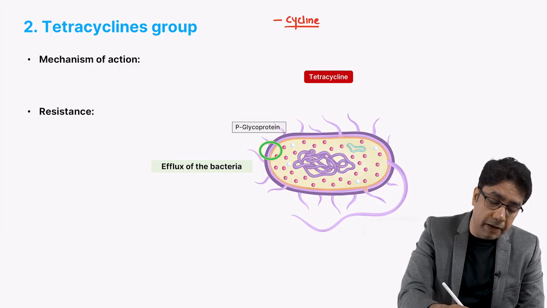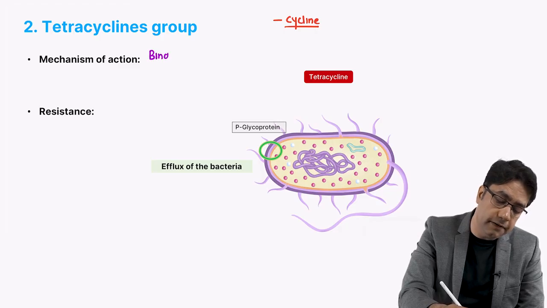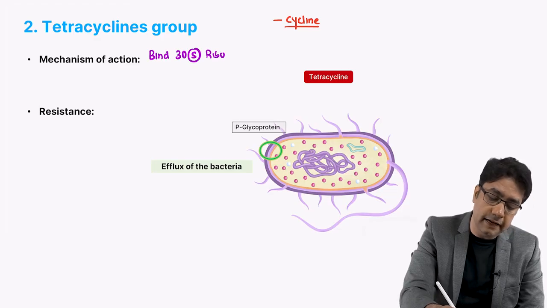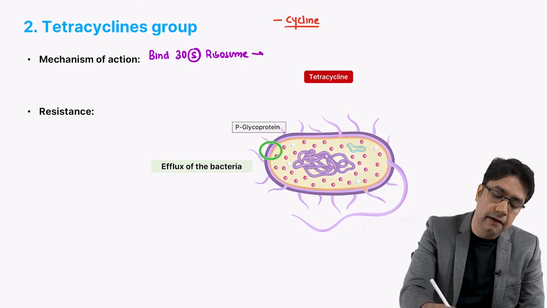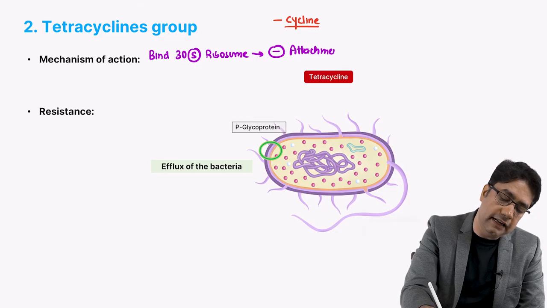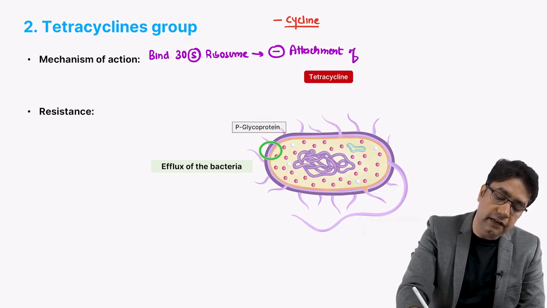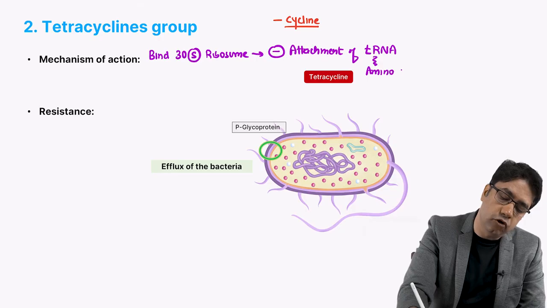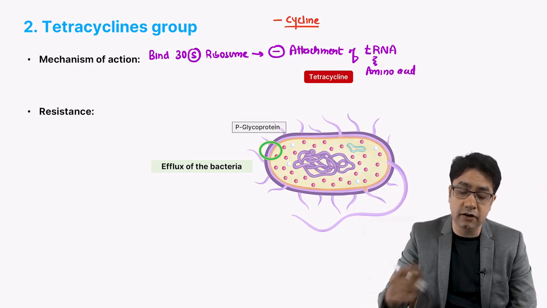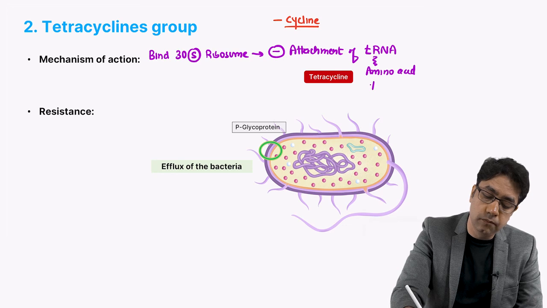Tetracyclines bind to 30S subunit of ribosome and they inhibit attachment of tRNA, and tRNA contains amino acid. So amino acid tRNA to which site? To A site. A site means attachment site.